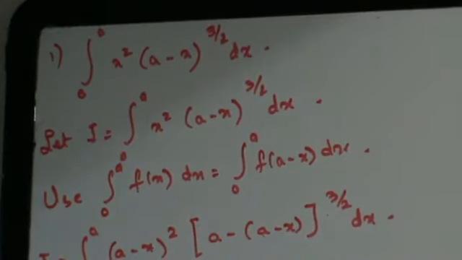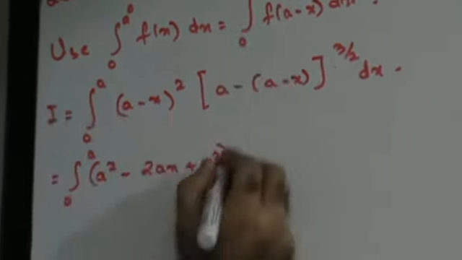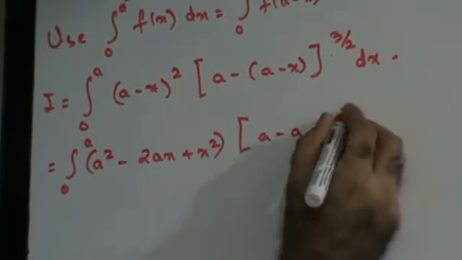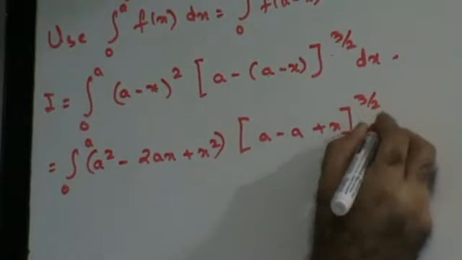So in this case, this can be written as integral of 0 to a, (a minus x) the whole square is a square minus 2ax plus x square, and this is a minus a plus x raised to 3 by 2 dx.